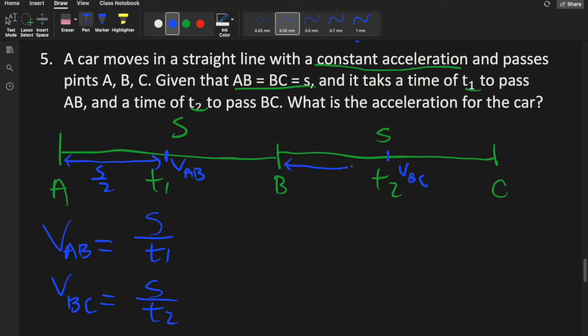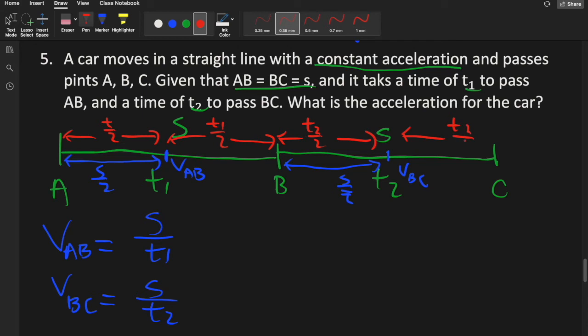And here is also S over 2. And for the time, here must be T1 over 2, and here is also T1 over 2. And here must be T2 over 2, and here also is T2 over 2.